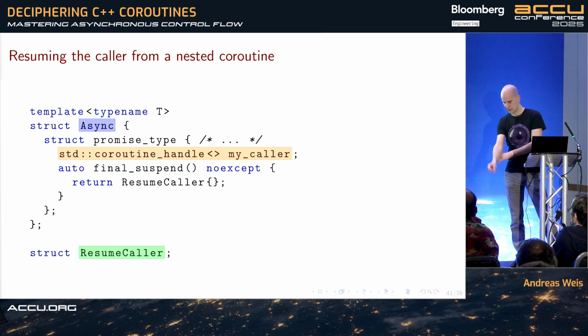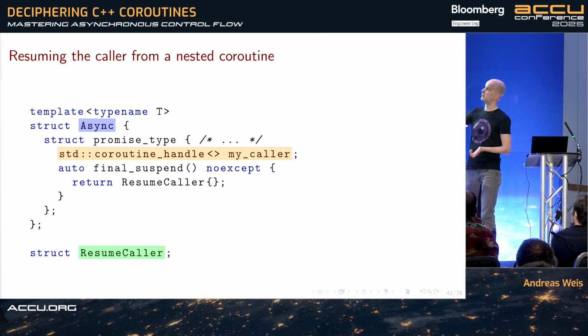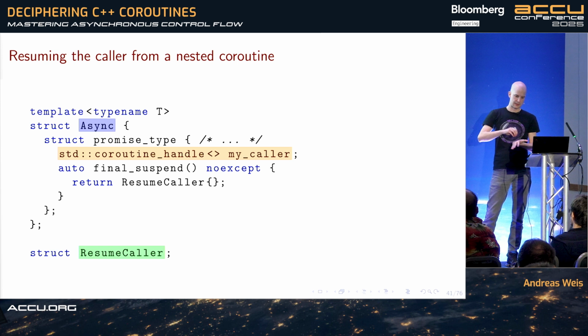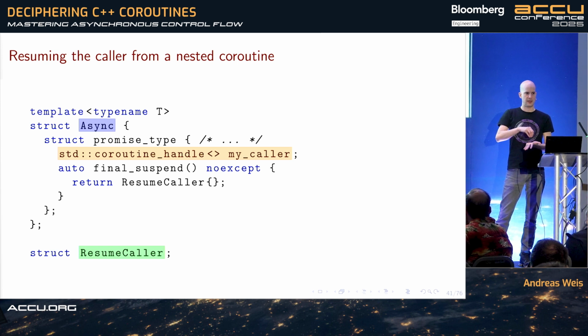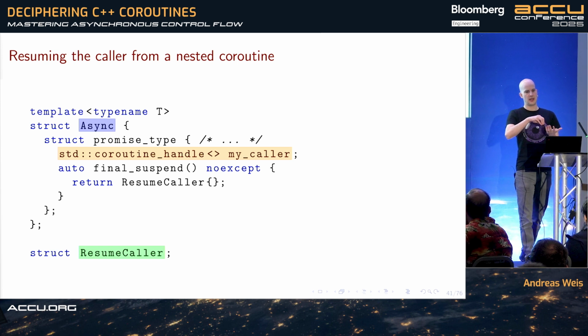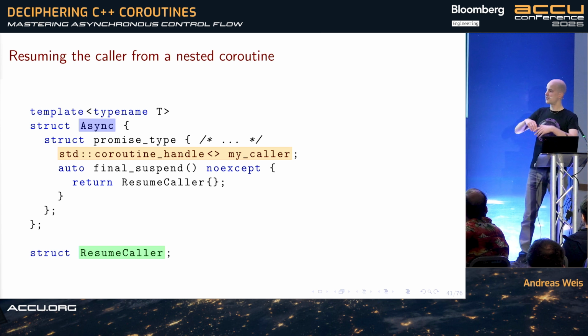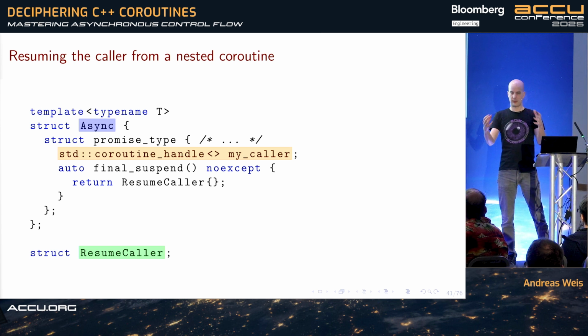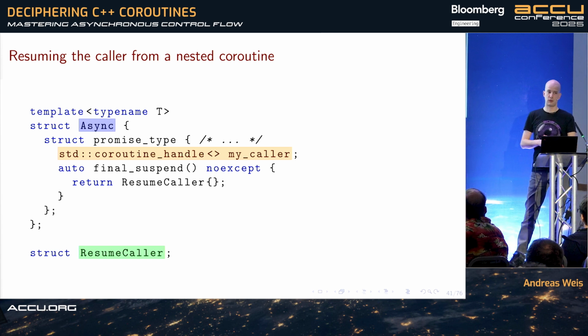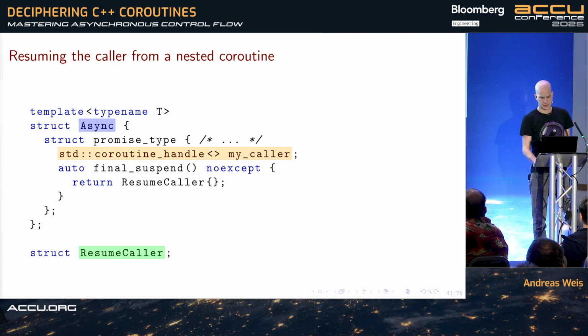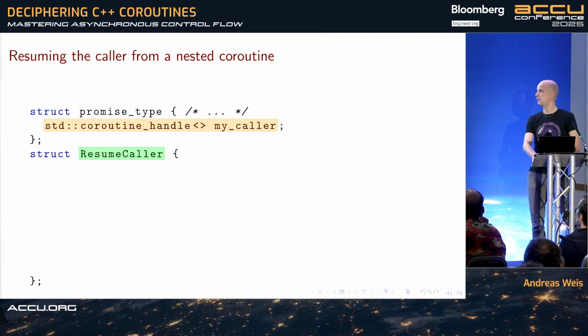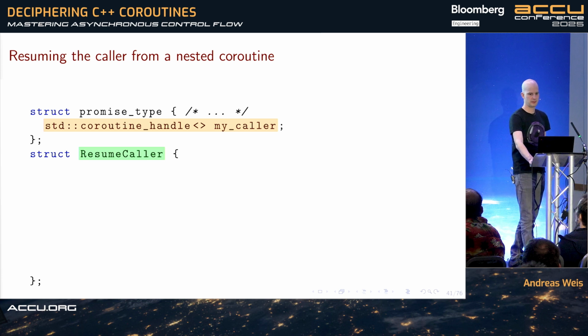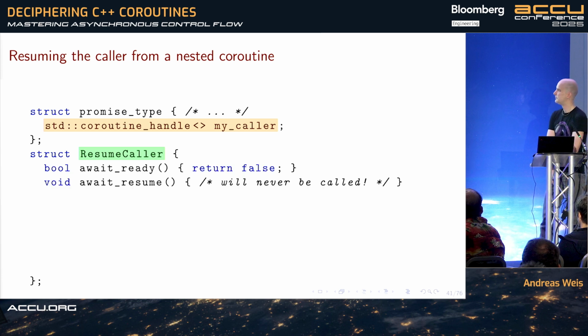What we want to do is write an awaitable here that, instead of just suspending the inner coroutine, actually resumes the outer coroutine, the caller here, right? If we can do that, then that's what we wanted. So how can we write such an awaitable? Let's try to do that. And as you will see, it's actually easier than you might think.